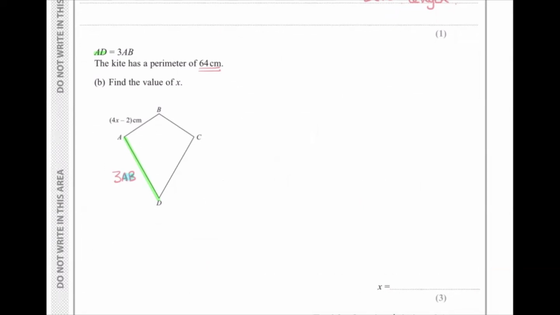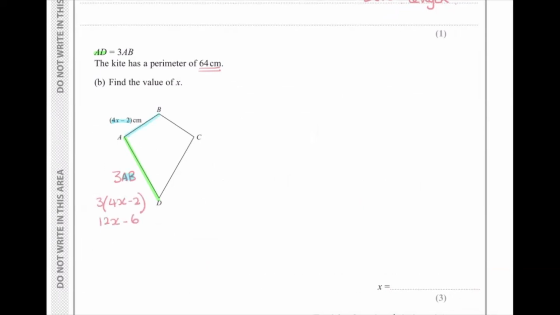AB is this length of my kite, which means it's this expression, 4x minus 2. So I'm going to be doing 3 times 4x minus 2. Remember, anything squashed means times. When I expand that, I get 12x minus 6 for the edge AD.